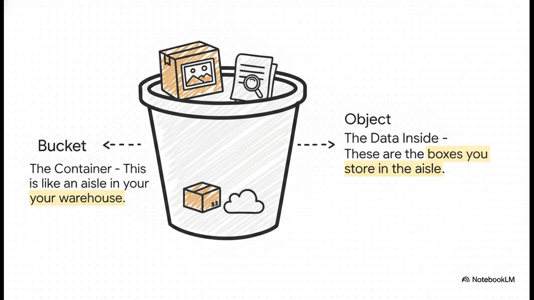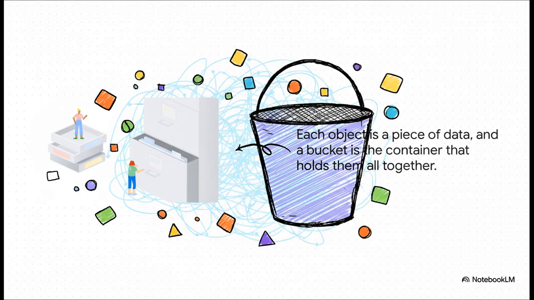The key rule is every single object has to live inside one bucket. That's it. This visual really nails it, right? You've got your individual objects, your data, and the bucket is the thing holding them all together. This is the fundamental building block for how you organize everything, and as we're going to see in a minute, it's also how you control who gets to touch what.